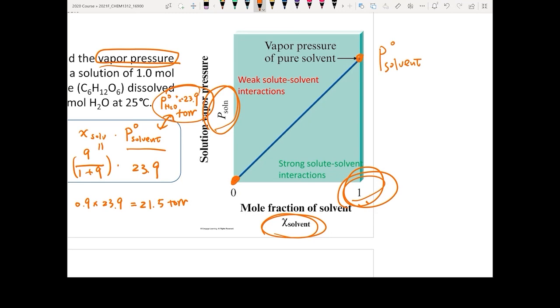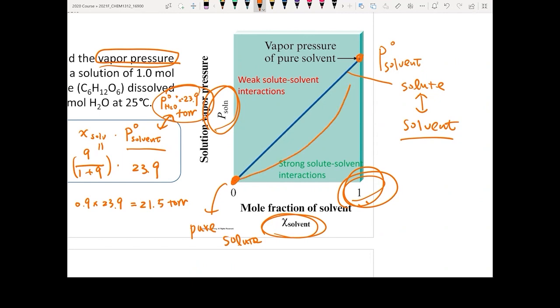Pure solute, okay? Anything in between these two ends is a mixture. This straight line means the vapor pressure is purely determined by the amount of solvent you have. It also means there is no interaction between your solvent and solute, because if you have interactions, then the curve will look different.